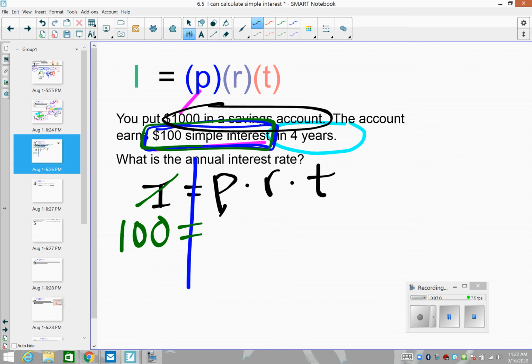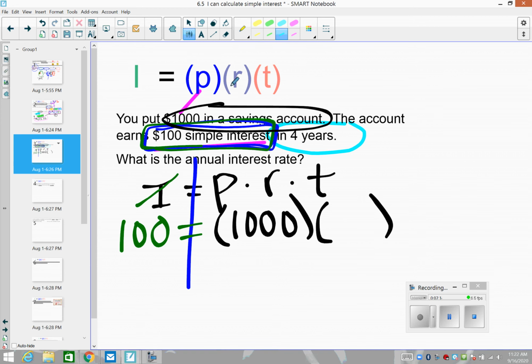It's $1,000. Your rate is unknown this time, and in math we use a variable for that. So that would be our unknown. This is going to require us to build house, build fence, clean yard. That's what I mean when I say I twisted this on you pretty quickly. But it's good for you to see there's always a different angle into the problem. And the time measured is 4 years.